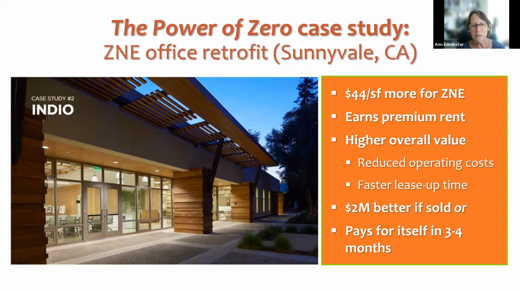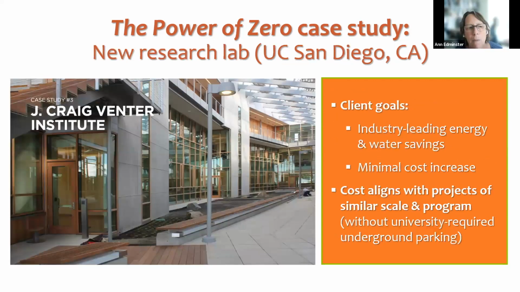So there are a lot of business arguments that can be made for this in commercial projects. This is a Southern California project, much more complex building as a lab facility. And even in this one, they found that if they ignore the fact that the university required underground parking, the costs were very commensurate with other buildings of a similar type.